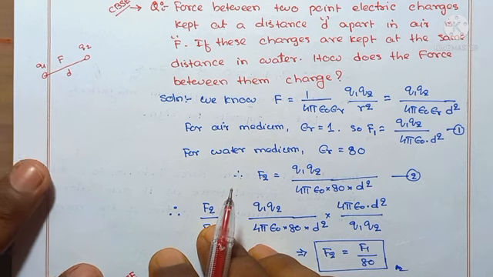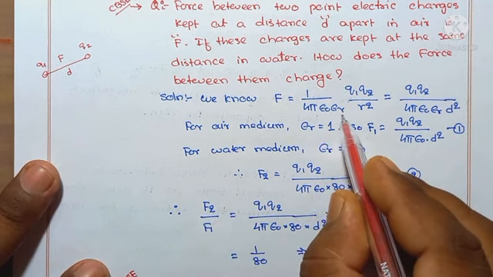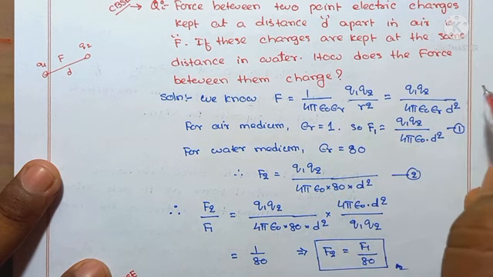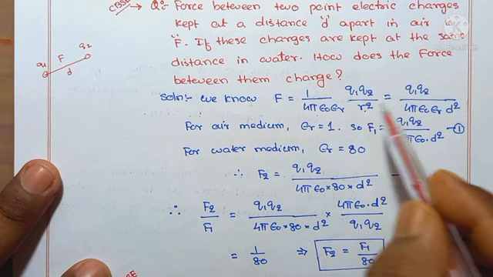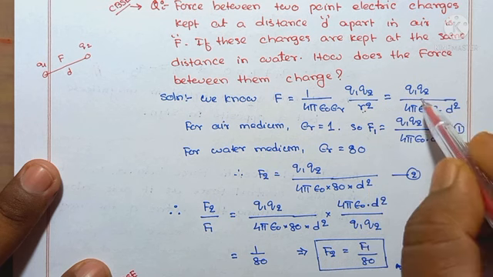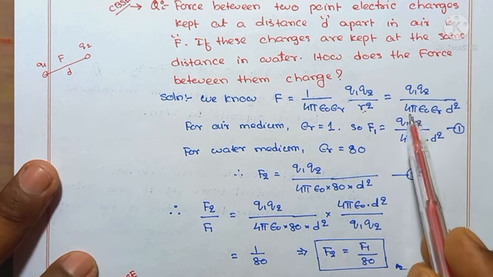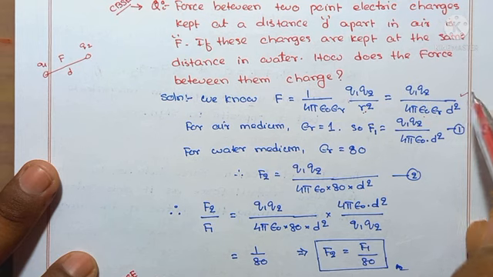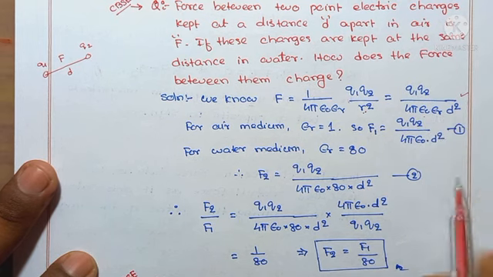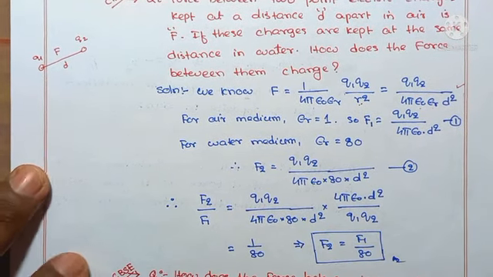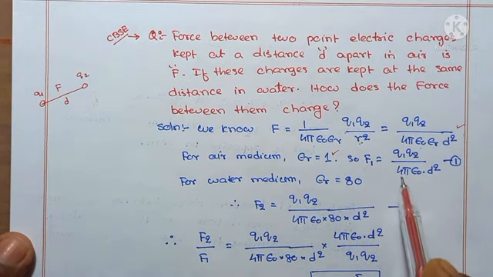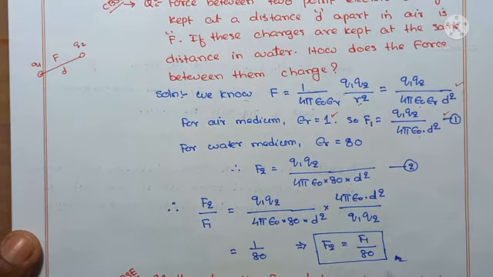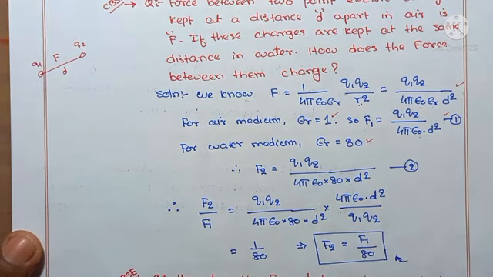So first हम लोग क्या देखेंगे उसको. We know F is equal to 1 by 4 pi epsilon 0 epsilon r q1 q2 by r square. Here r is the distance between the charges, but the given distance is d, so I replaced r with d. That means F is equal to q1 q2 by 4 pi epsilon 0 epsilon r d square. For air medium, epsilon r is equal to 1. So F1 becomes q1 q2 by 4 pi epsilon 0 d square. For water medium, epsilon r is equal to 80.